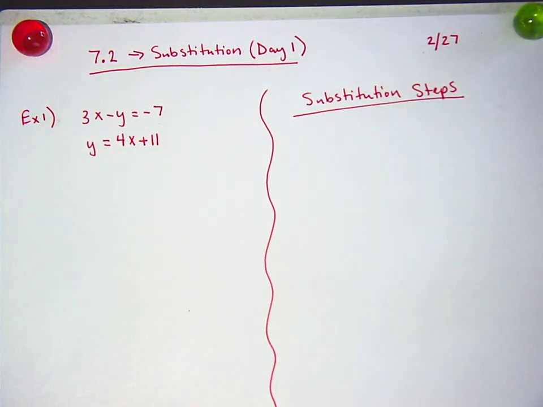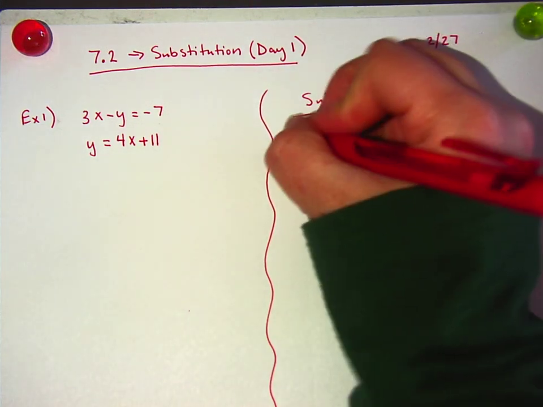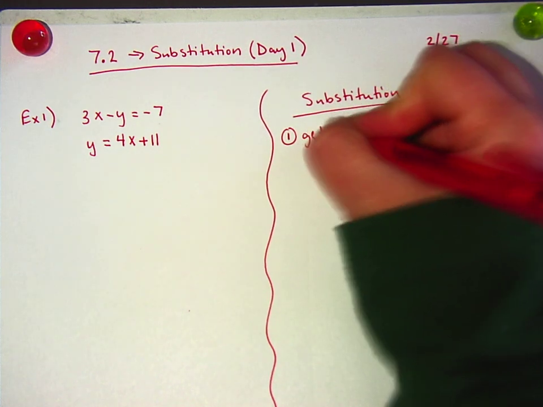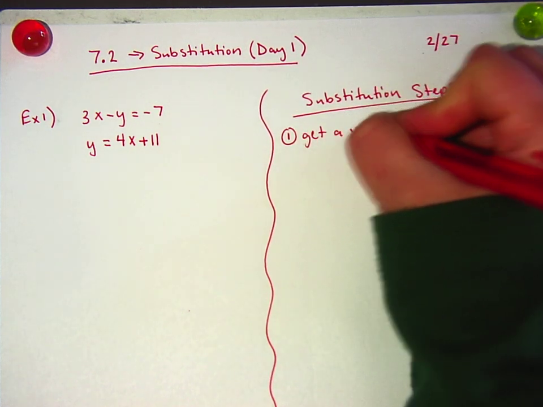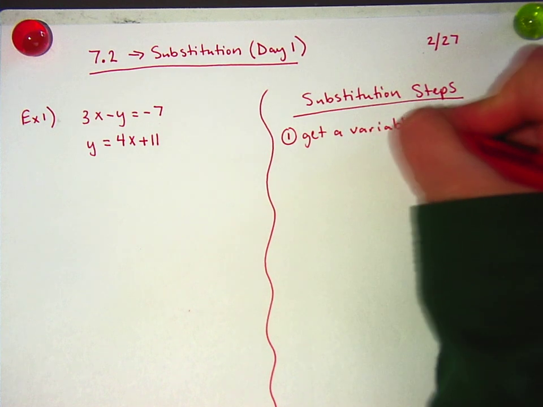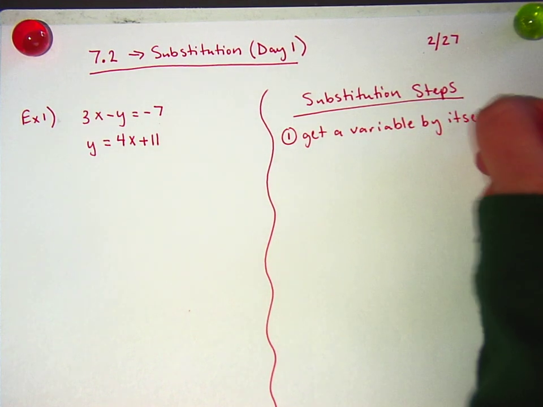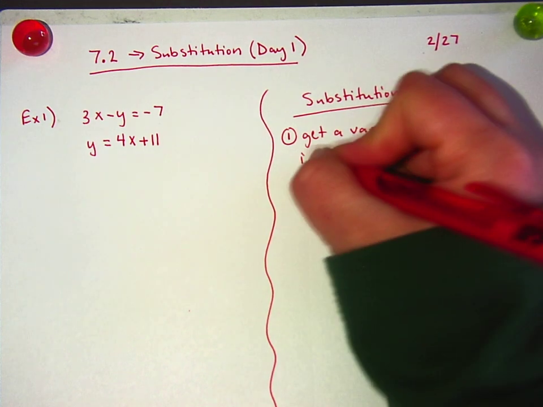All right. So the first step is actually already done for us in this one. The first step is to get a variable by itself in one equation.